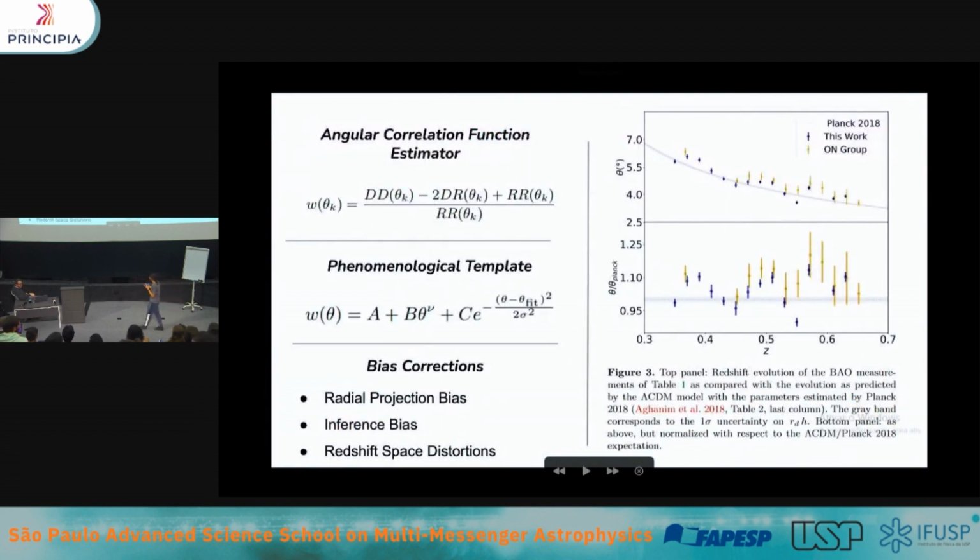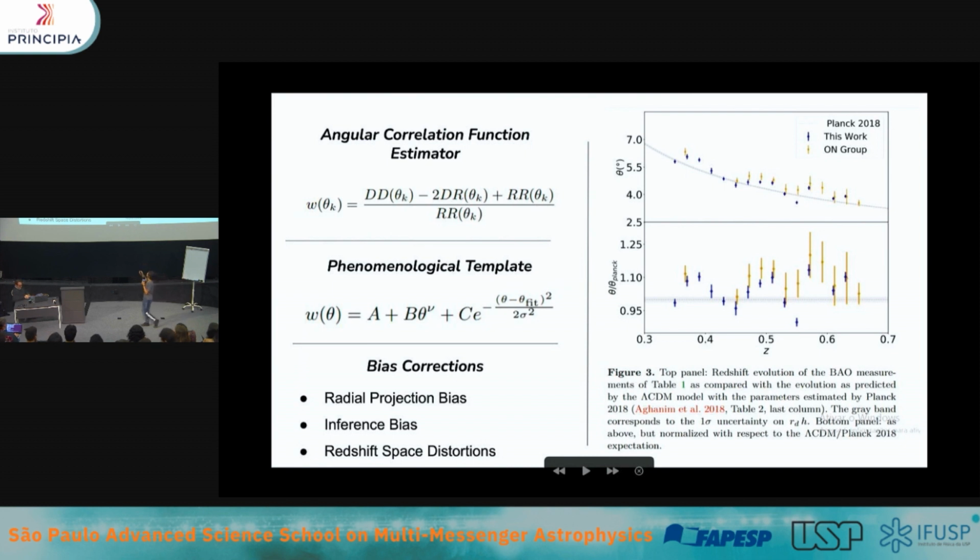Yeah. So the idea is quite simple. Instead of calculating the distance of the galaxies, which requires a cosmological model a priori, we have calculated the angular correlation function of these galaxies inside of a redshift beam, using this estimator, which just compares the statistics of a real catalog with a random catalog.